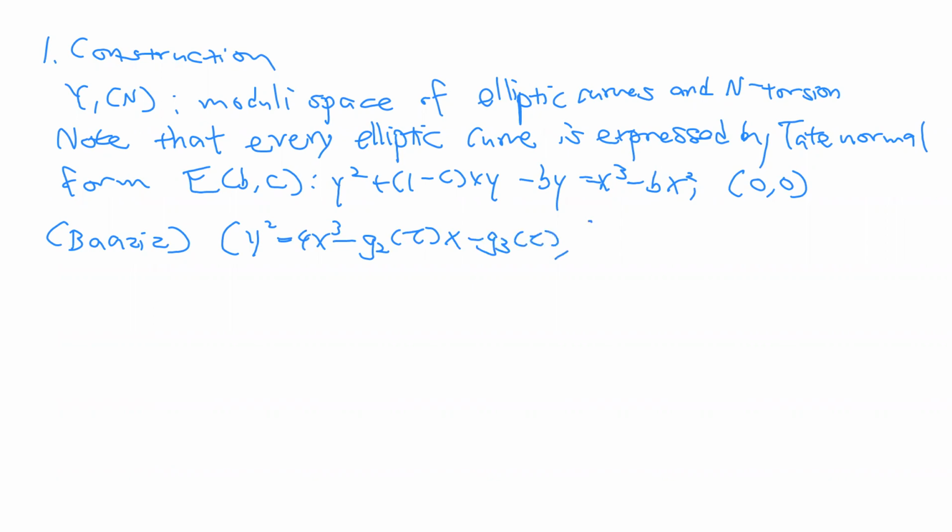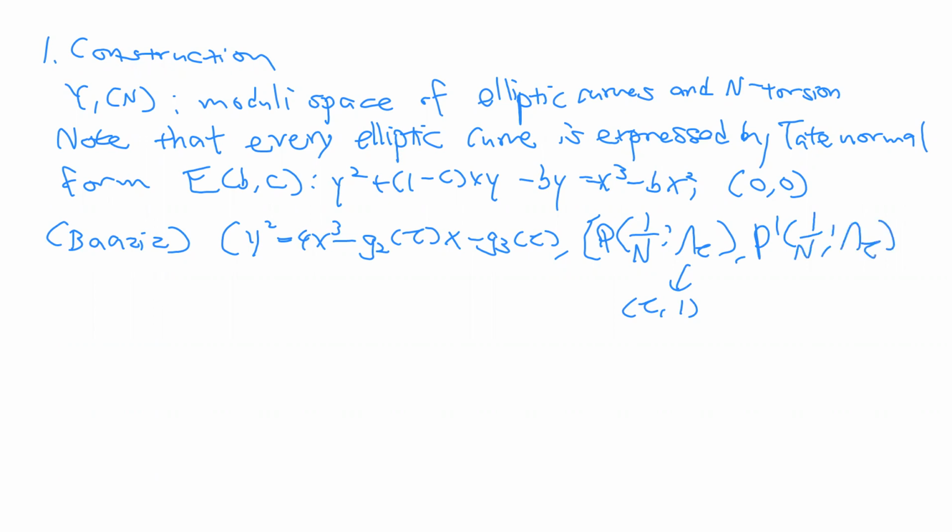And on the other hand, you can specify one explicit n-torsion point given by P of 1 over n and P prime of 1 over n, and this is the lattice Lambda tau, the lattice given by tau and 1. So this is one way to describe every pair of elliptic curve and n-torsion, right?